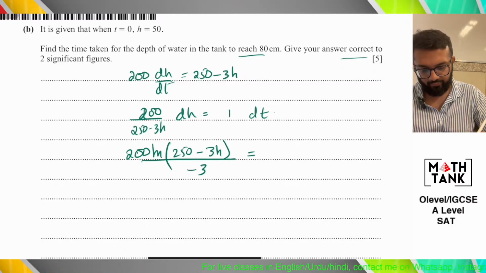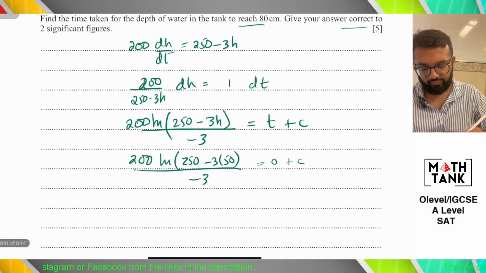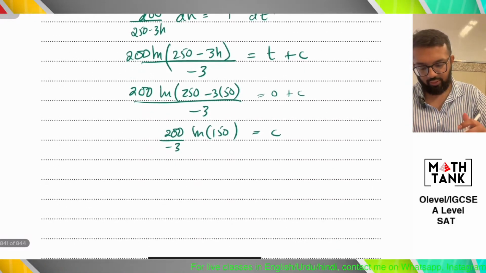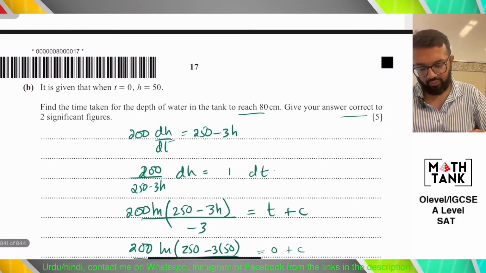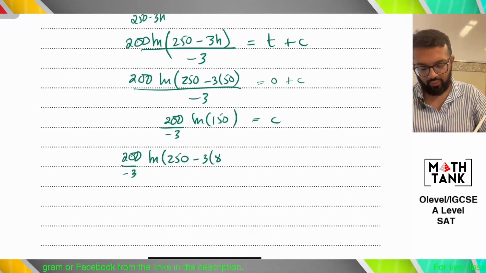over minus 3 equals t plus c. So when h is 50, t is 0, ln 150. And the time taken: 200 over minus 3 ln of 250 minus 3 times, this time I want the height to be 80. 80. t plus c.